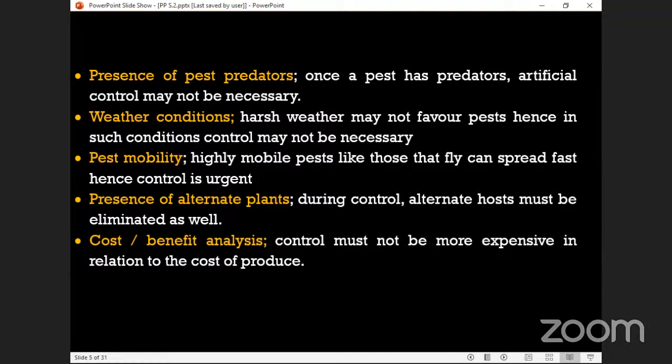Presence of alternate plants. During control, alternate hosts must be eliminated. Alternate crops or plants here, we have the weeds. If you control pests by spraying your plants, these pests will run away from your garden, but they will go and hide inside the weeds.